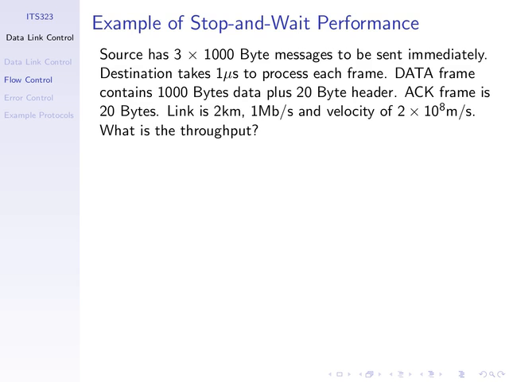Our link data rate was 1 megabit per second, 1,000 kilobits per second. We're getting a throughput of 959 kilobits per second. We have a link efficiency of 95.9%. 959 kilobits per second is the rate at which we're receiving real data, but our link data rate is 1 megabit per second.